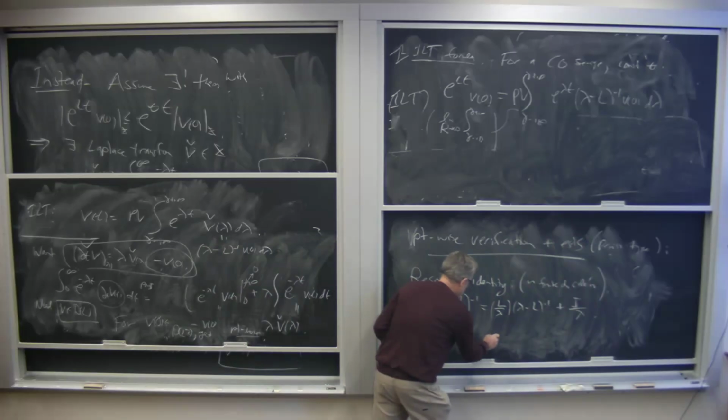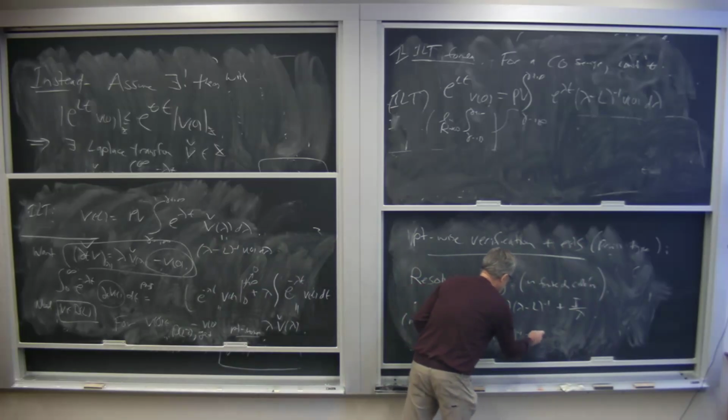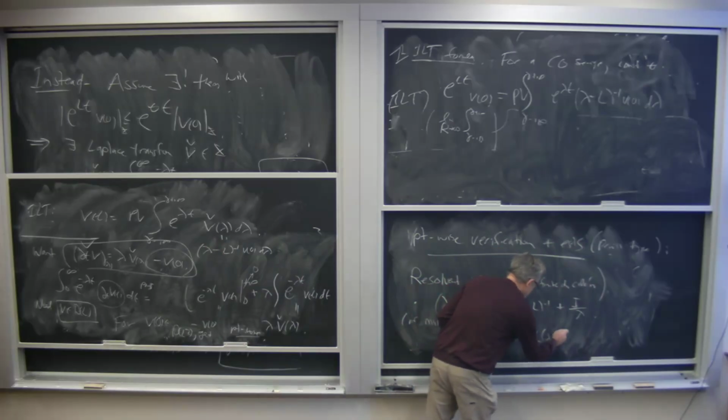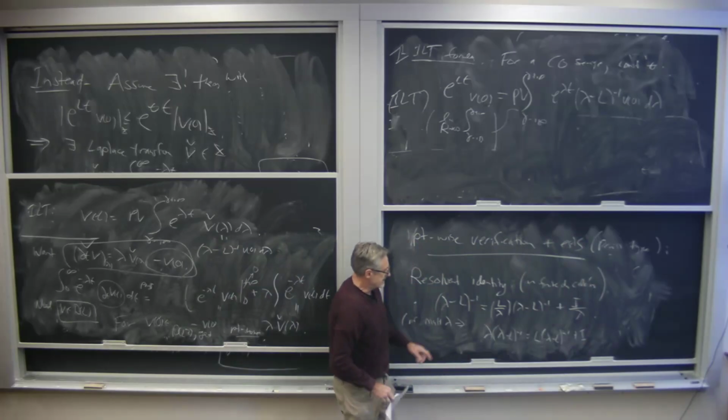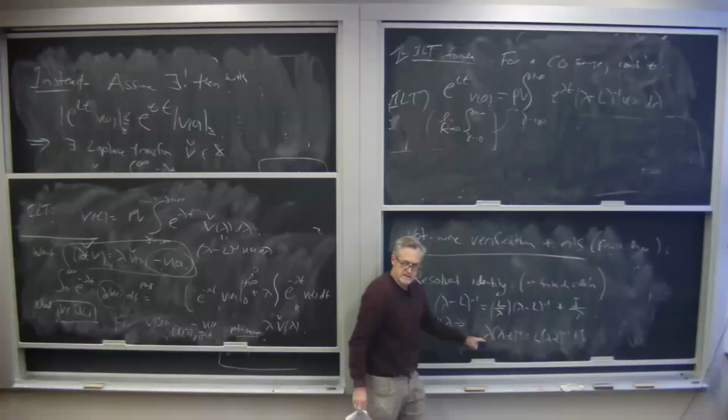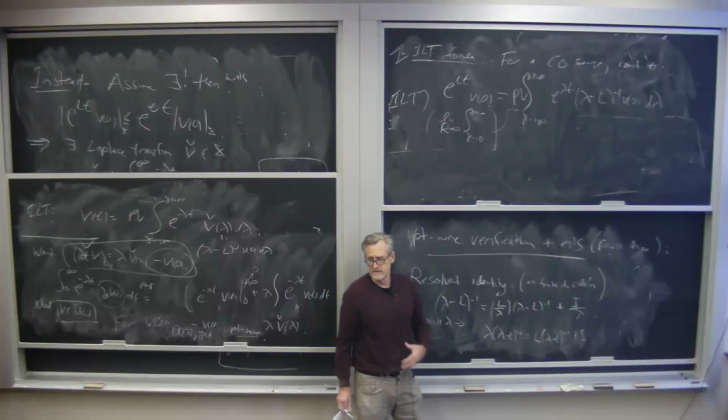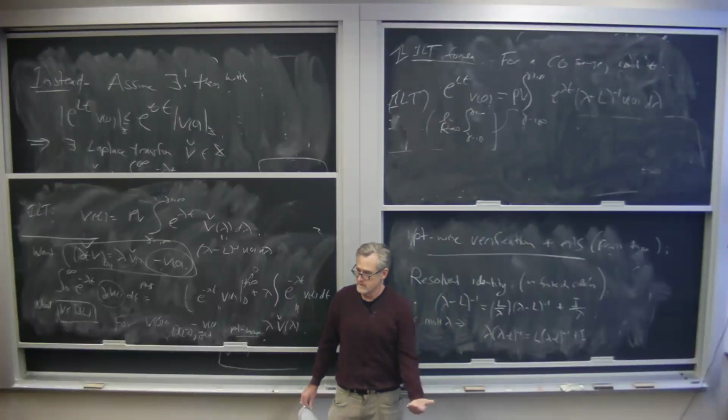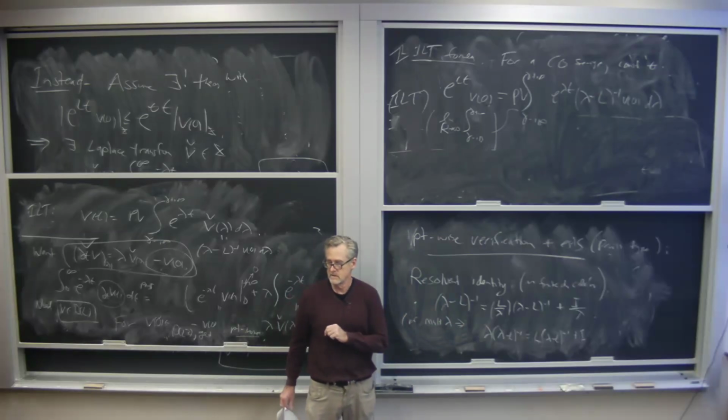I get (lambda minus L) inverse is equal to L (lambda minus L) inverse plus identity. And that is clearly true, because if I subtract this from the left-hand side, I just have lambda minus L against its inverse, and that's identity.